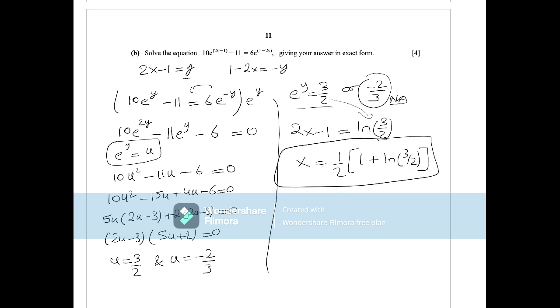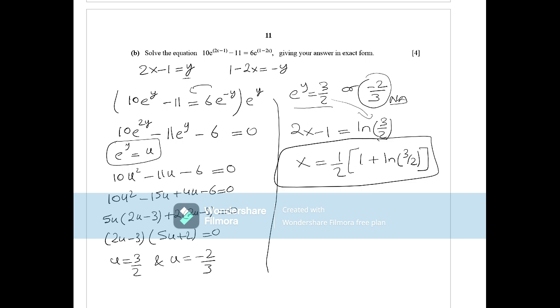That is your answer. I think I made a mistake somewhere because this is not the answer in the marking scheme. U is equal to 3 by 2. U was supposed to equal e to the y. E to the y is 3 by 2, y is this, and then your x is equal to half.